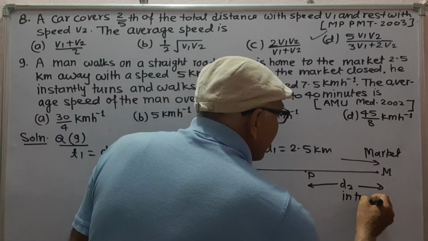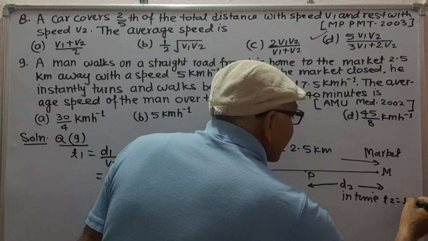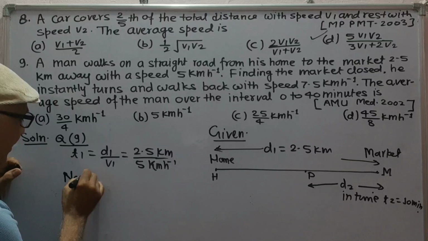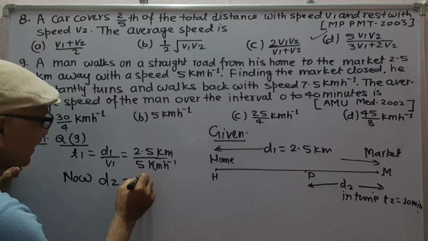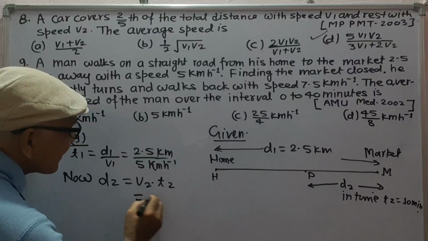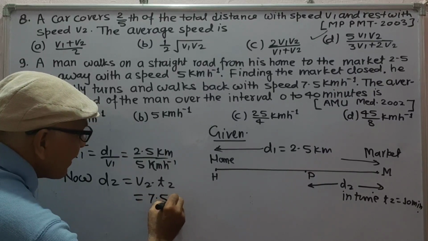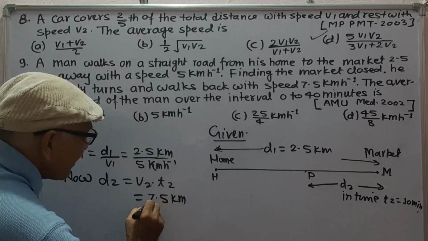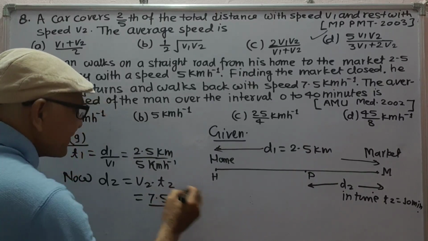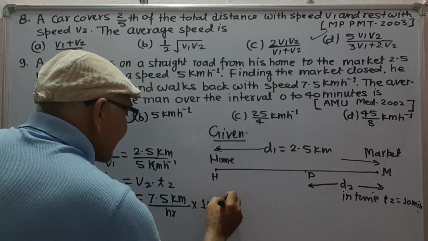In time t2 is equal to 10 minutes, d2 will be equal to v2 into t2. v2 is 7.5 km per hour into t2 is 10 minutes.